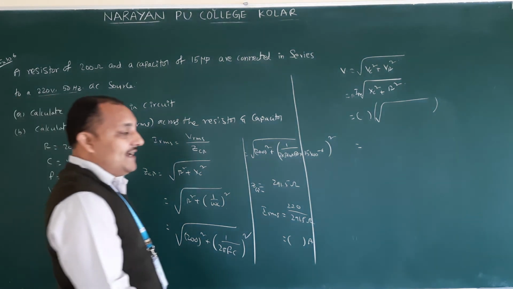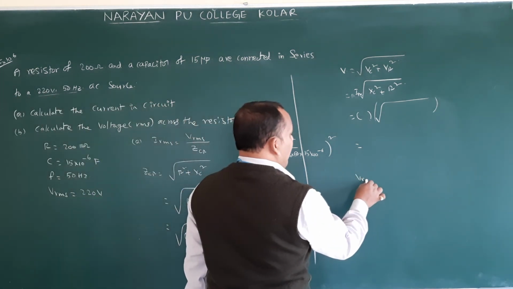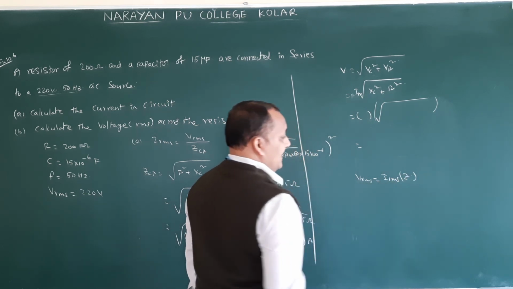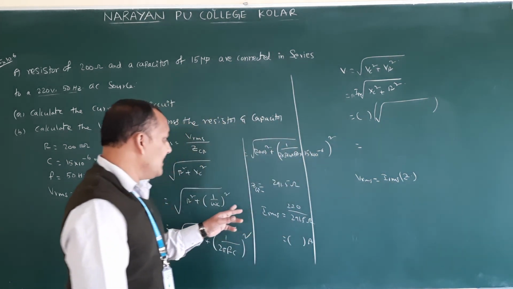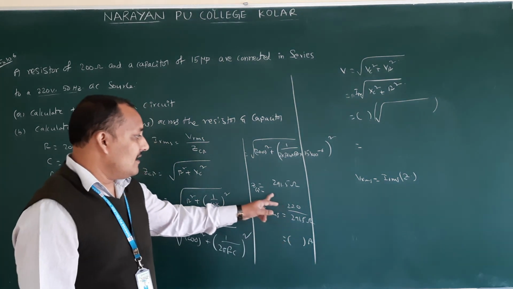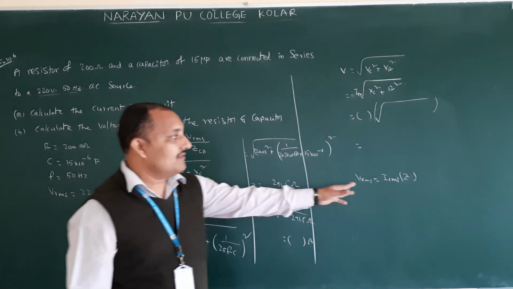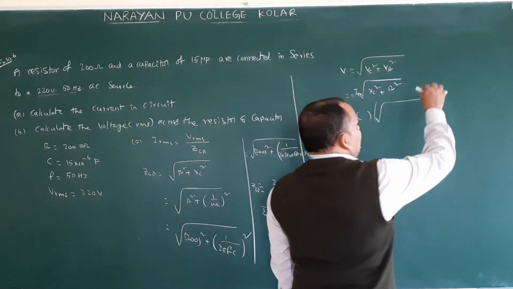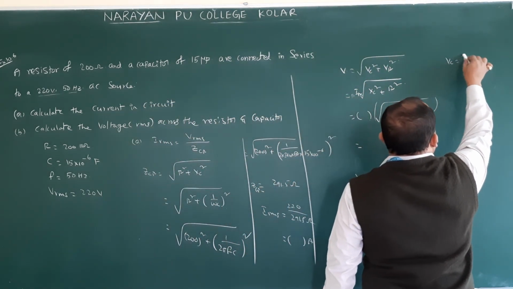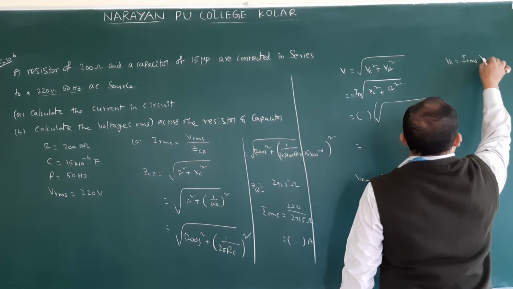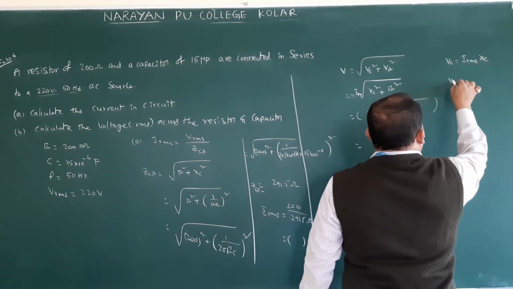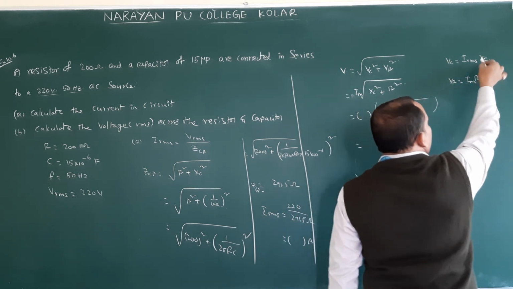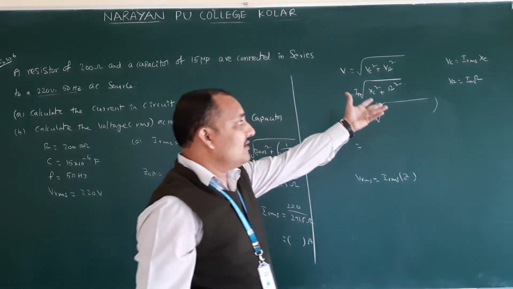Simply, if you want to find VRMS, it is equal to IRMS into Z. The IRMS value you already got, the ZCR value you already know; if you multiply both you will get it. Otherwise, in the exam, you can find VC equal to IRMS into XC, and VR equal to IRMS into R. XC means 1 by omega C; like this you can also substitute.